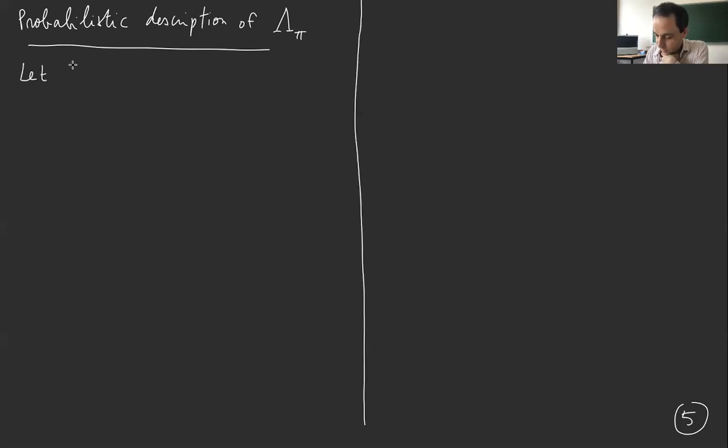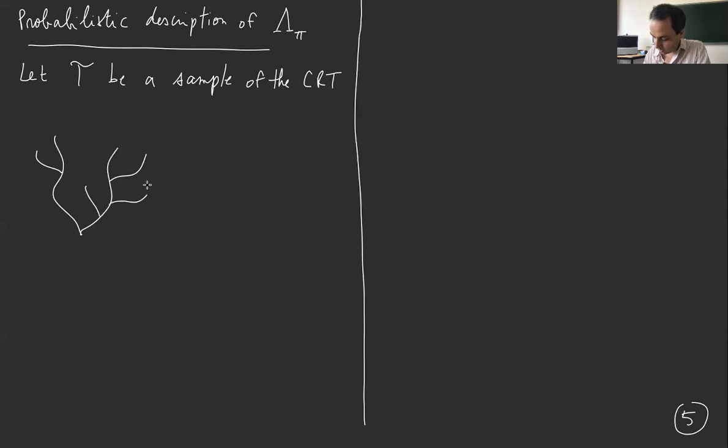So let T be a sample of Aldous's CRT. It's a fractal tree, so obviously it's complicated to draw it with a pen. Something like this. Okay, with decorations on each internal vertex.